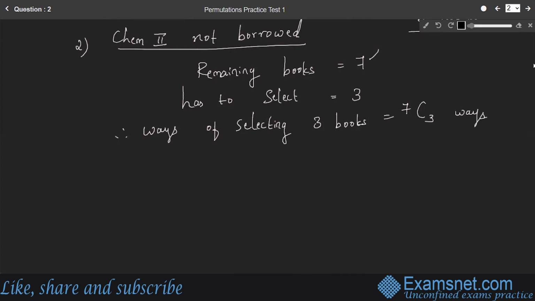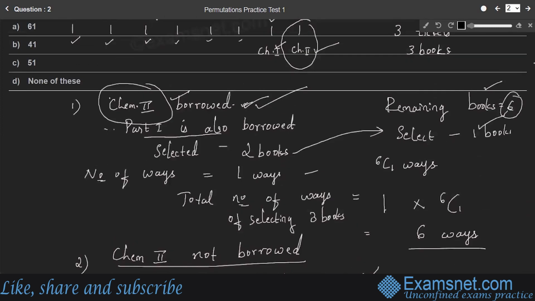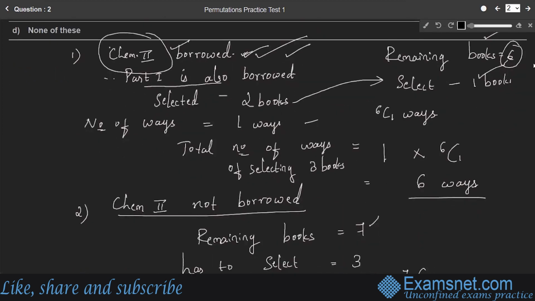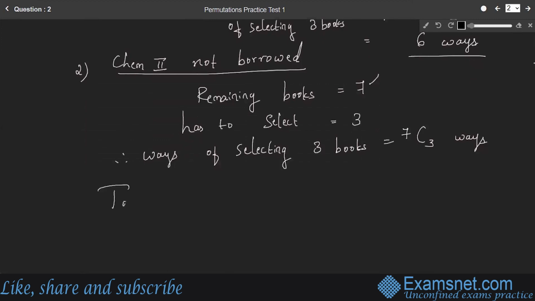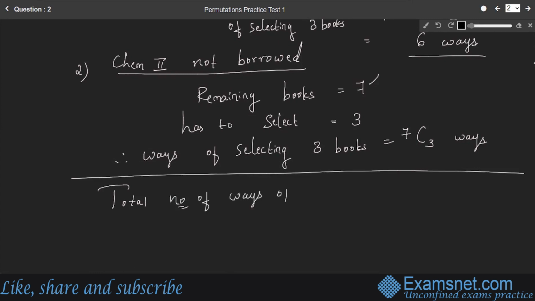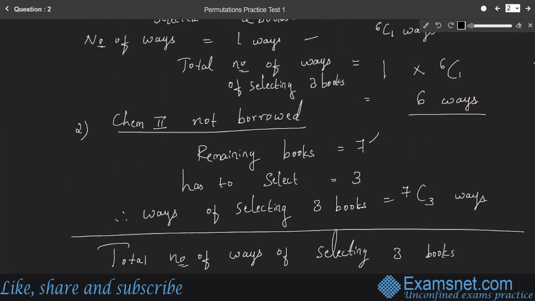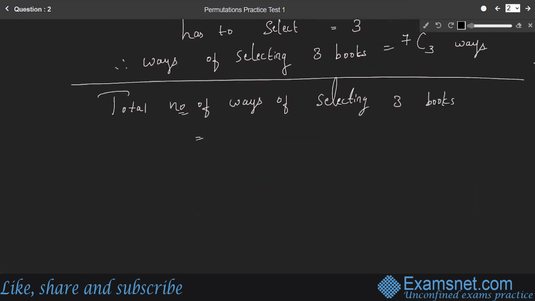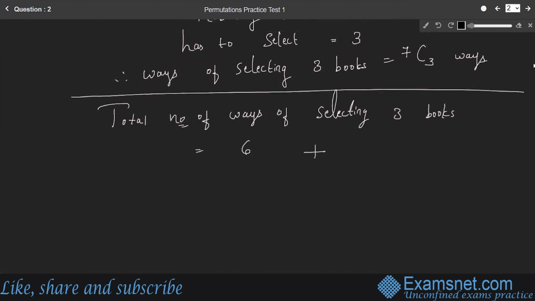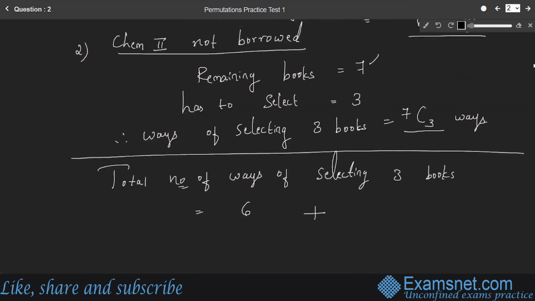Therefore, by combining the first and second cases, when chemistry part 2 is borrowed and when it is not, the total number of ways of selecting 3 books: in the first case, the number of ways is 6, plus in the second case, 7C3 ways.